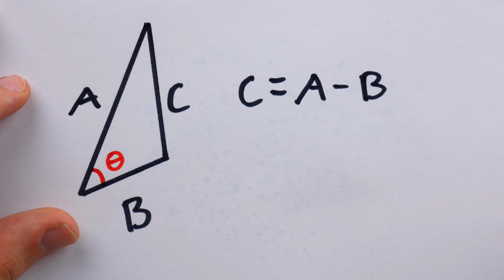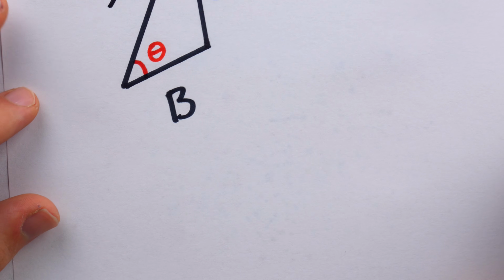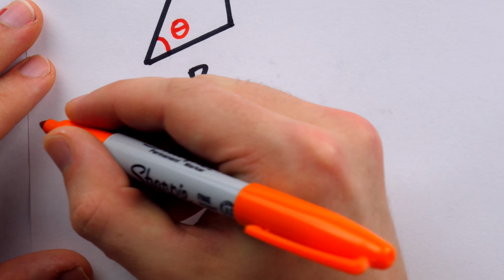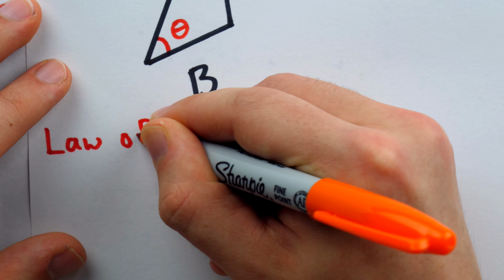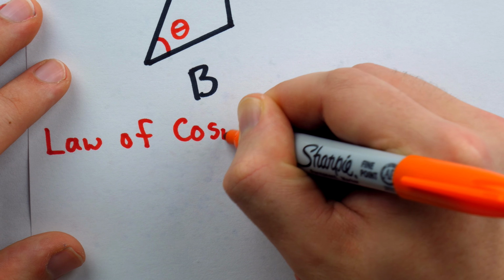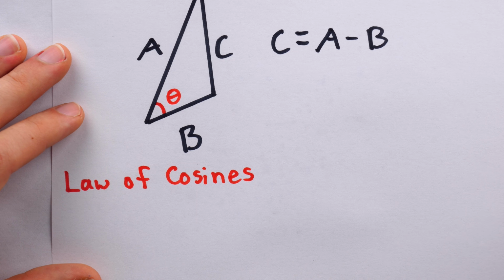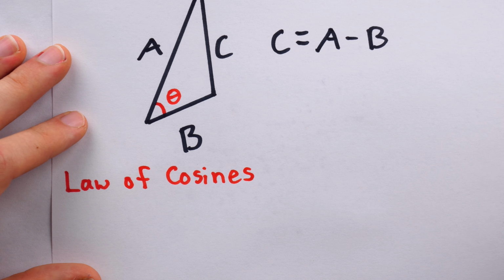Now, for our proof that the two definitions of the dot product we've seen are equivalent, we're going to need a sort of generalization of the Pythagorean theorem that you might have heard of, called the law of cosines. The law of cosines is like the Pythagorean theorem, except it works for all triangles, not just right triangles.